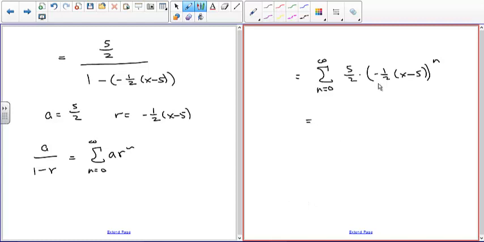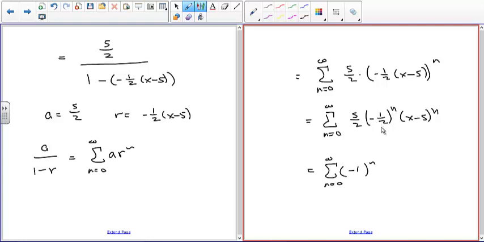So what we can do now is take this -1/2, make that to the n power, and x minus 5 to the n power. Then we can factor out a -1, so we'll have -1 to the n, and then we'll have 5/2 to the n times 1/2 to the n times x minus 5 to the n.